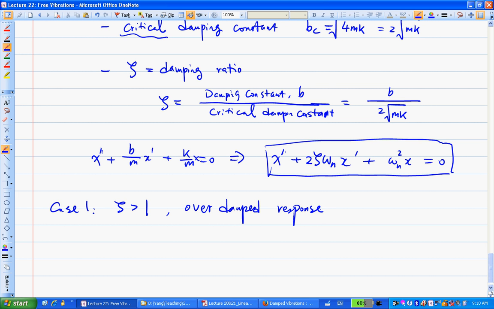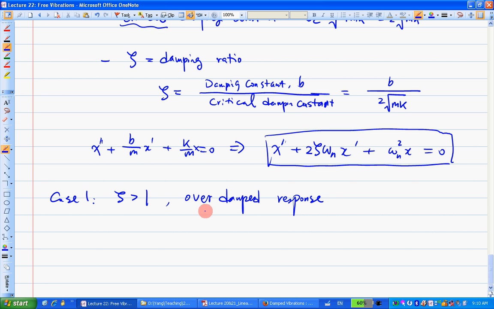You need to remember we're not doing anything new. The only reason I'm doing this is to associate those seemingly mathematical expressions with the practical mechanical response of the system. So you'll see why we call it an overdamped response. For the time being, remember that when the damping ratio is greater than 1, it's called an overdamped response.